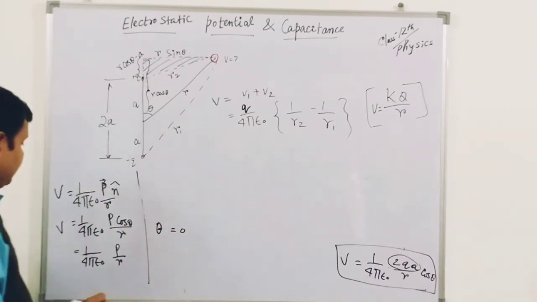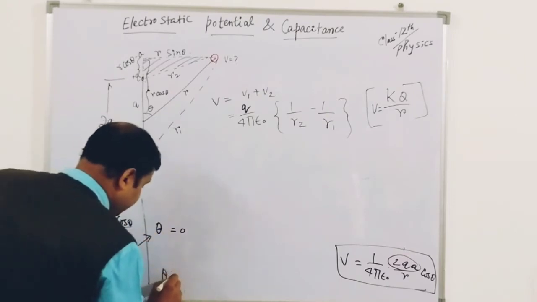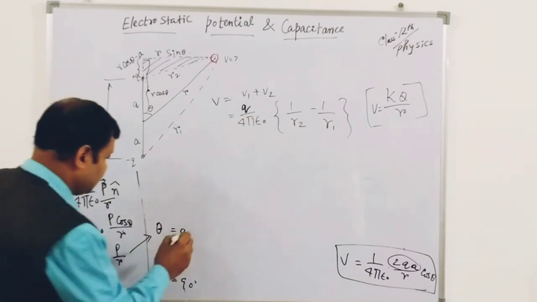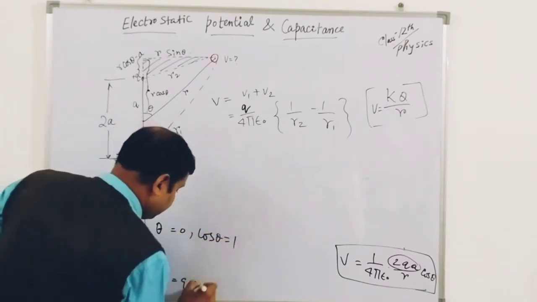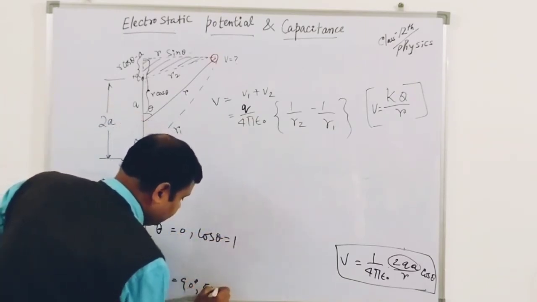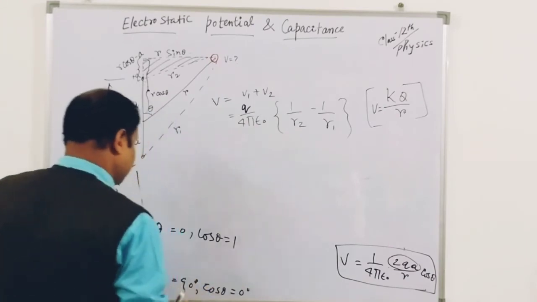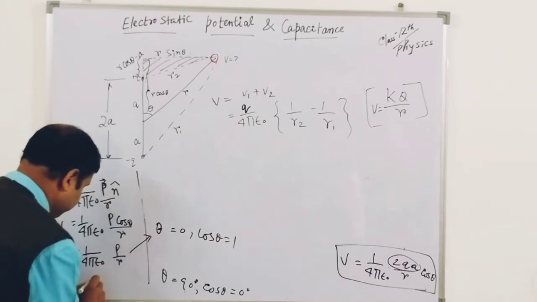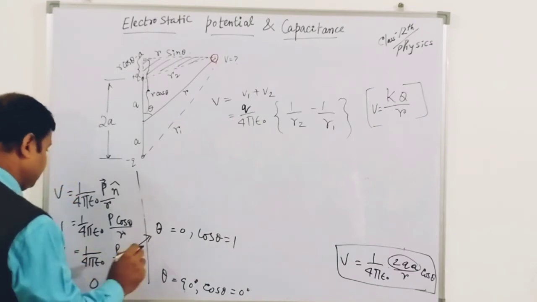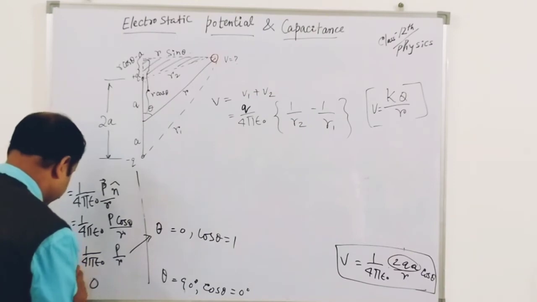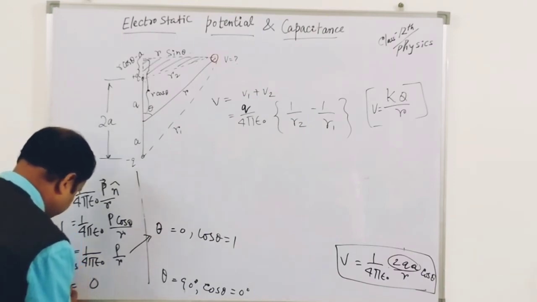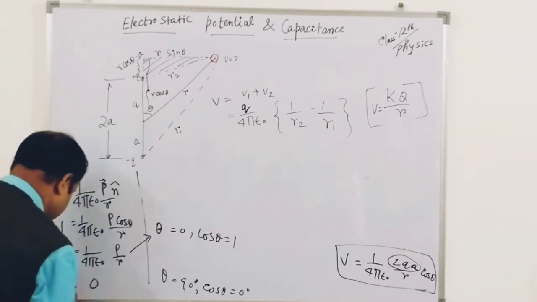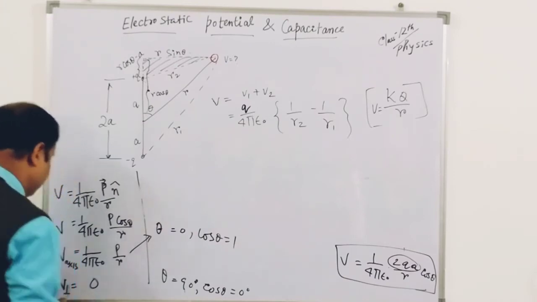And in case theta is exactly 90 degrees, what will happen? Here cos theta was 1, and here cos theta will be 0. So the potential will become 0. This is the axis, and this is perpendicular to the dipole.